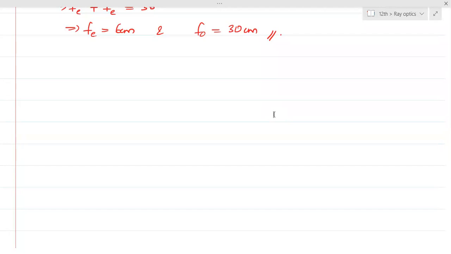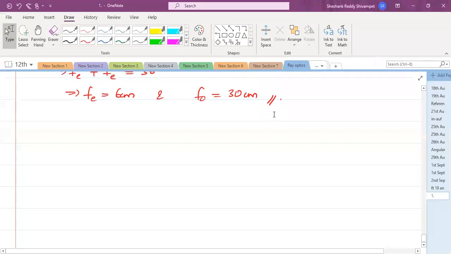So now let's go into the defects of vision. Defects of vision will be mainly concerned with myopia and hypermetropia. बाकी भी है, I know, but the numericals will come from this. Defects of vision में what all we have?